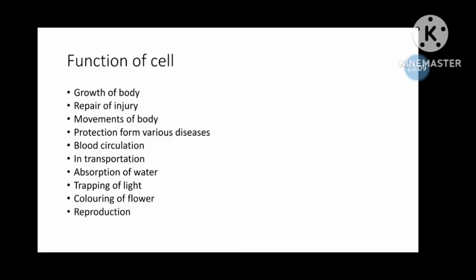The first function of the cell is that it helps in the growth of the body. Any organism grows gradually. This growth in shape and size takes place due to the functioning of cells. Cells divide and increase in number, which results in the growth of the organism.